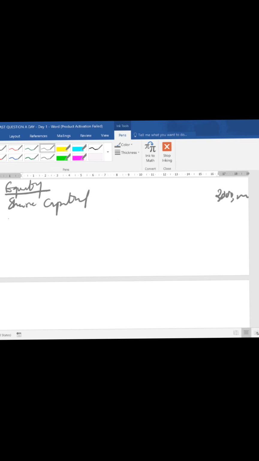Then we have our retained earnings. The trick here is that we are going to pick our retained earnings, which is 3 million. I'm going to take 3 zeros off because of space.